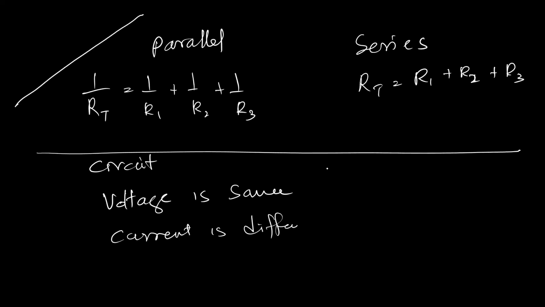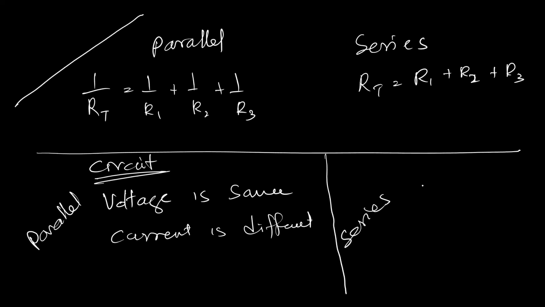The questions we did today explain that in a parallel circuit. In series circuits, what is the same? The current throughout the whole circuit is the same, but the voltage at each place will be different.